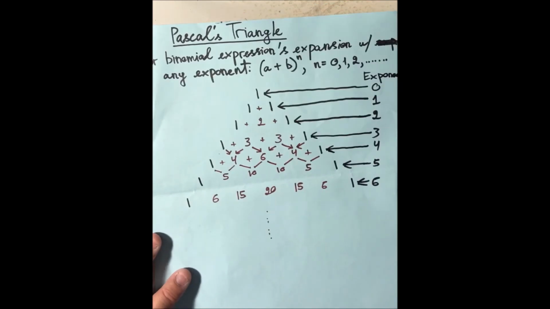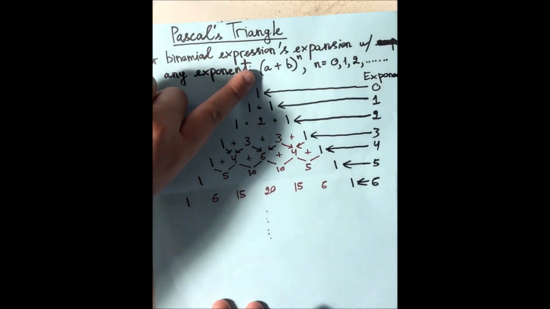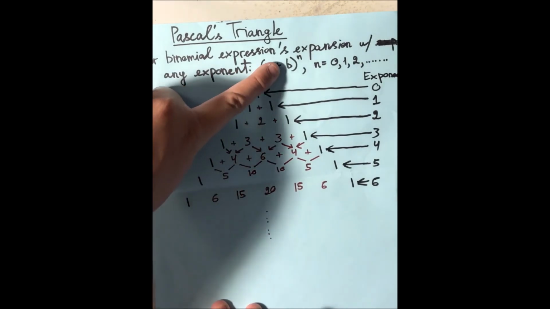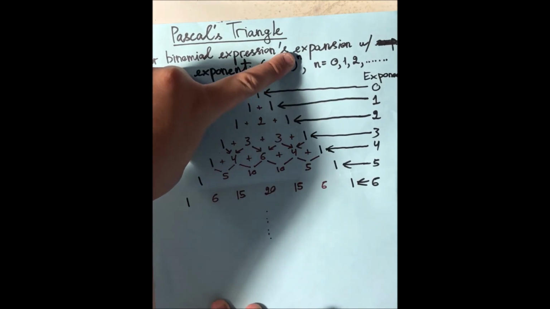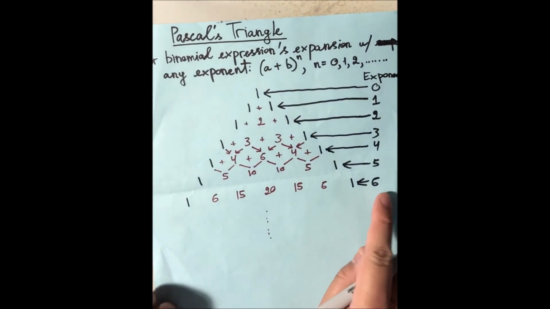Now, for example, if you're given a binomial expression of the term a plus the term b raised to a power of, let's just say 6.